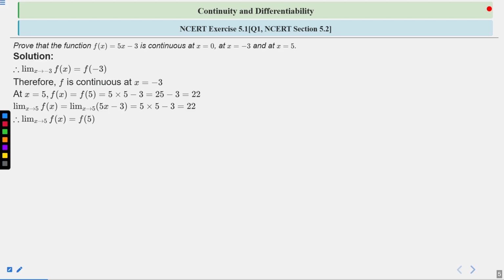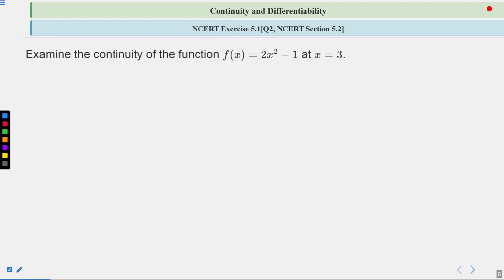Therefore, the limit as x tends to 5 of f(x) is equal to f(5). Therefore, f is continuous at x = 5 as well. So the function f is continuous at x = 0, at x = -3, and at x = 5.